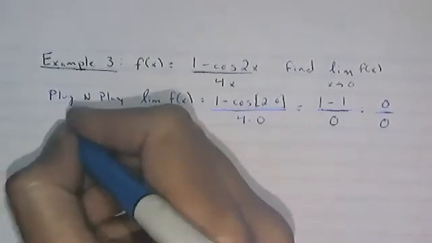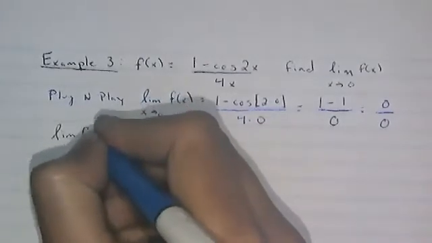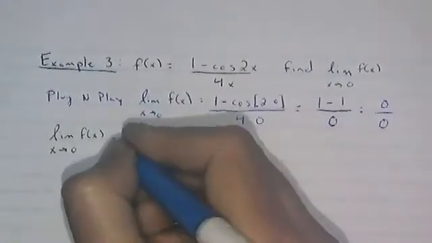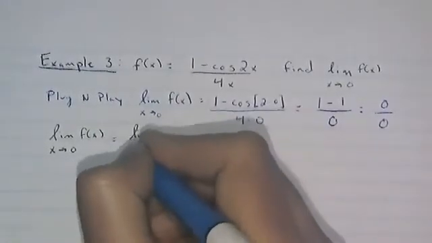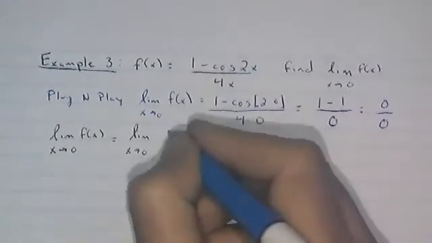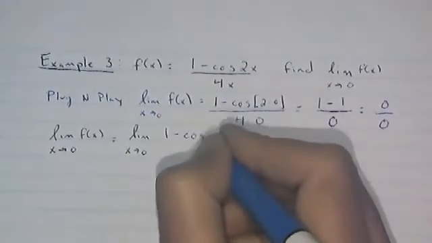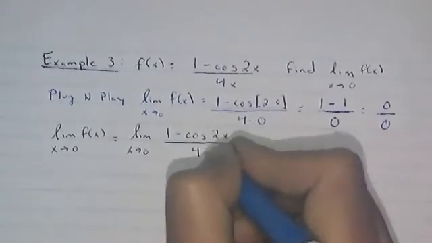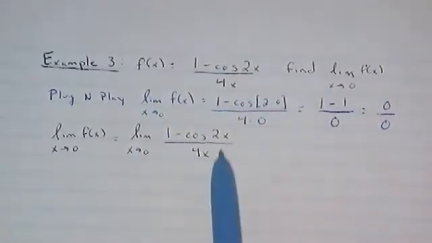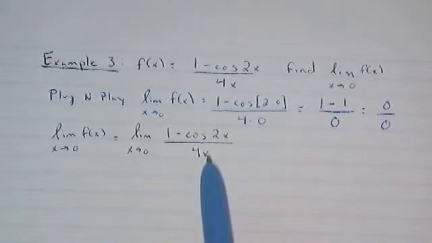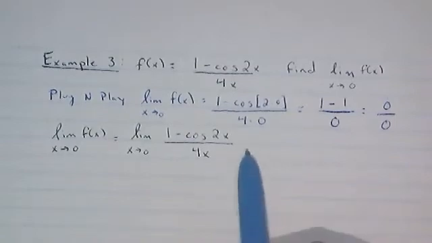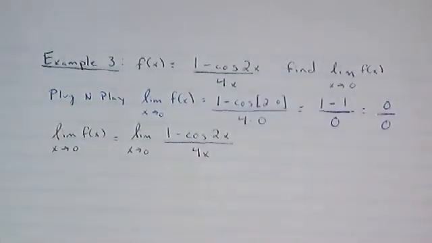Let's finagle. The limit of f of x as x approaches 0 is the limit of this guy, which is 1 minus the cosine of 2x over 4x. But I don't really need a 4x on the bottom. I just need 2x. This is not a case of trying to add something, but rather trying to take something out.